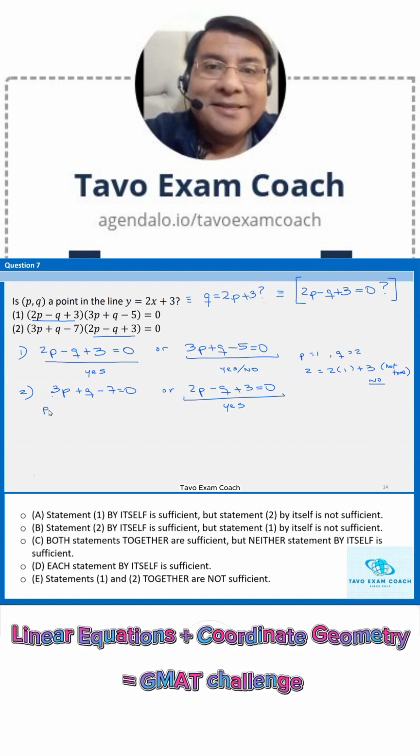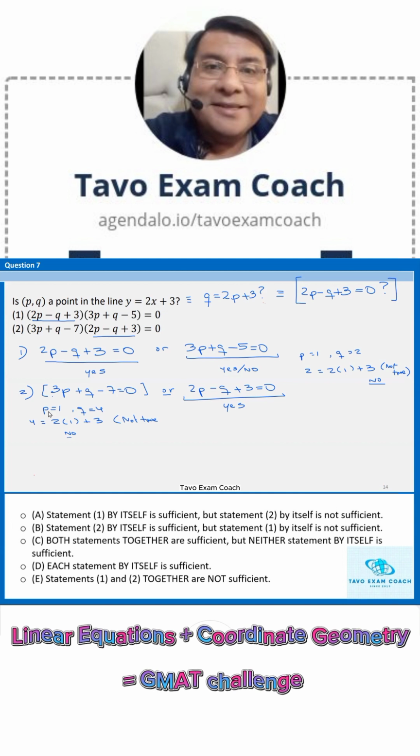Example, if p were 1 and q were 4, we know that 3 times 1 plus 4 minus 7 equals 0, right? So making this part of the OR affirmation true. But if you insert these two values in the equation of the line, 4 equals 2 times 1 plus 3 is not true. So that means that point (1, 4) is not a point in the line. It's a no to the question, so it's not sufficient either. Same as statement 1, not sufficient.